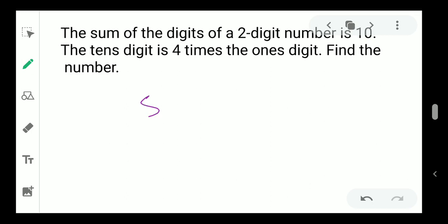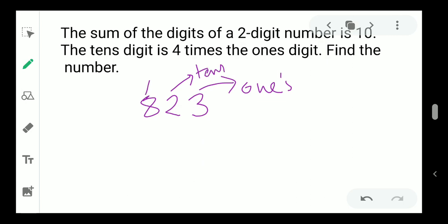If you have a number like this, this one is called the ones place, this one is your tens place, and this one is your hundreds place.